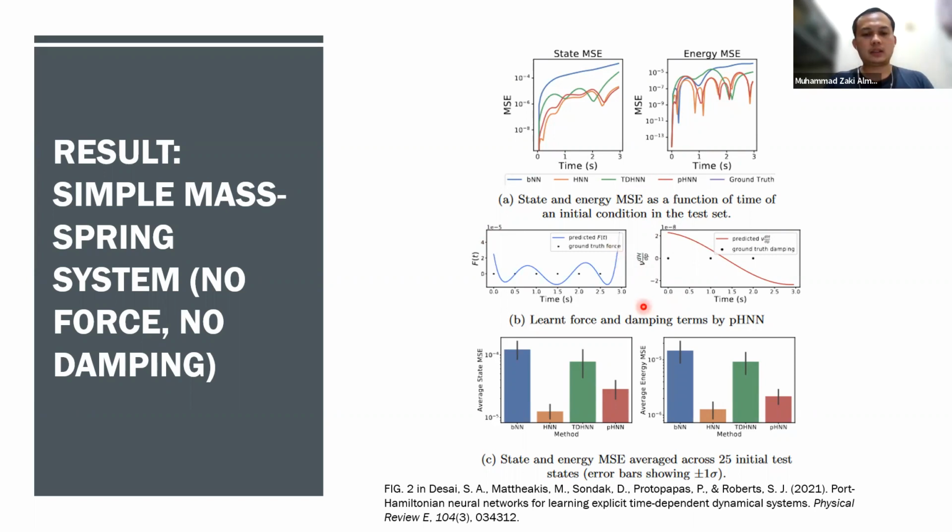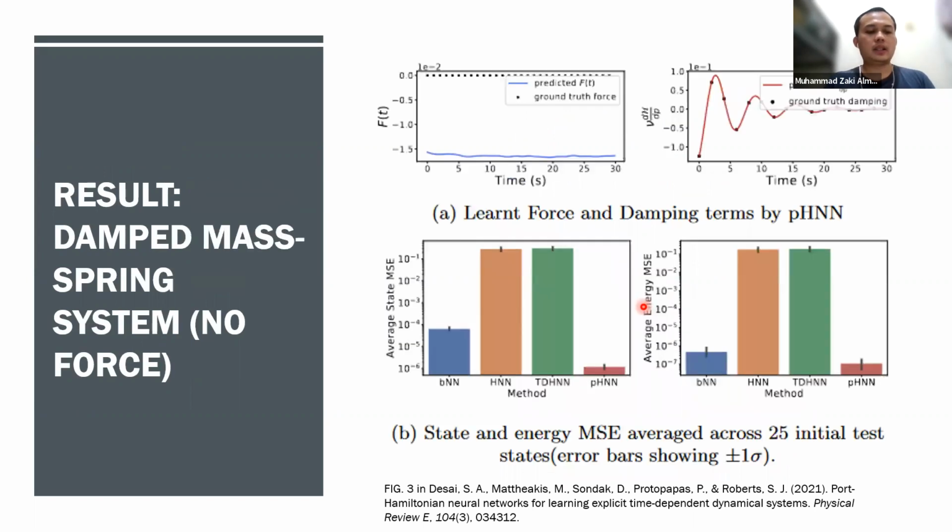And then they add damping, but no external force. As you see here, when there's damping, of course, the Hamiltonian neural network, since you cannot add damping there, works much worse than Port-Hamiltonian neural networks.